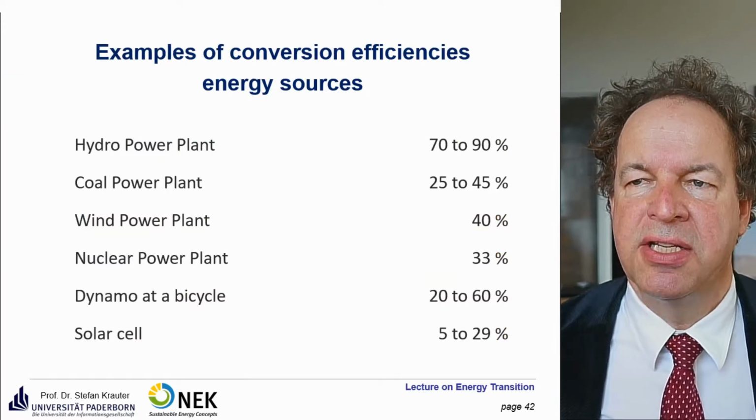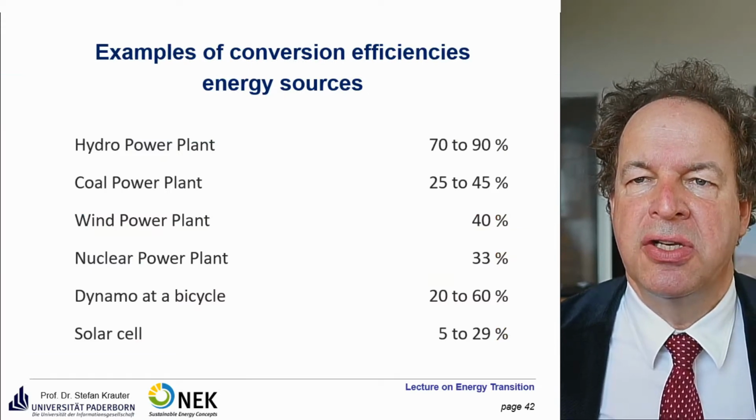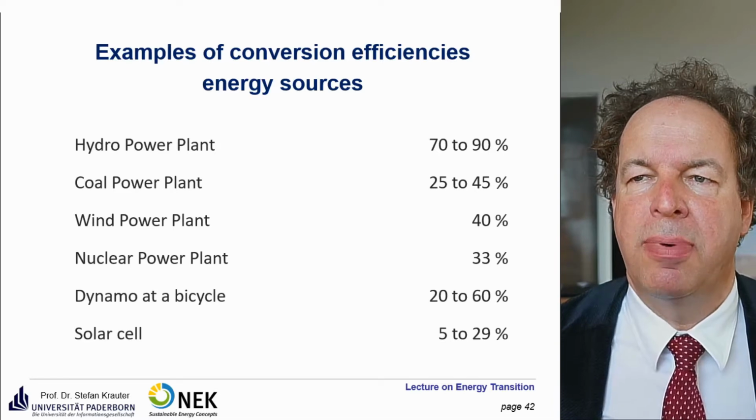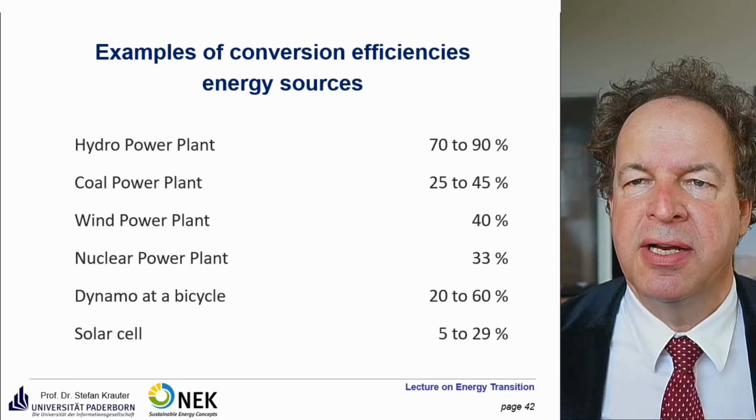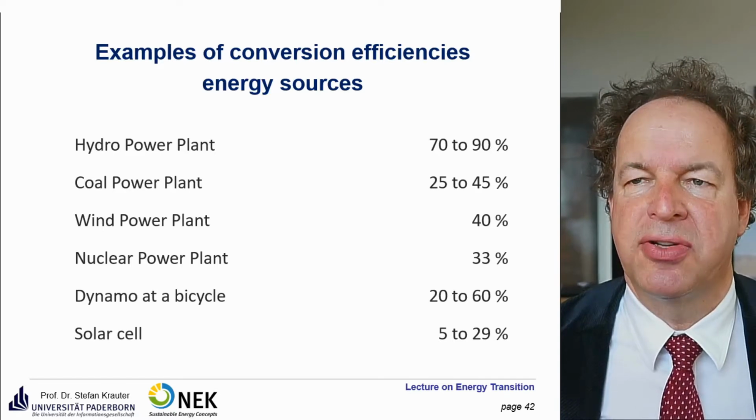To give you some idea about the conversion efficiencies: a modern hydropower plant has an efficiency above 80%, sometimes over 90%, really bad ones are 60 or 70%.